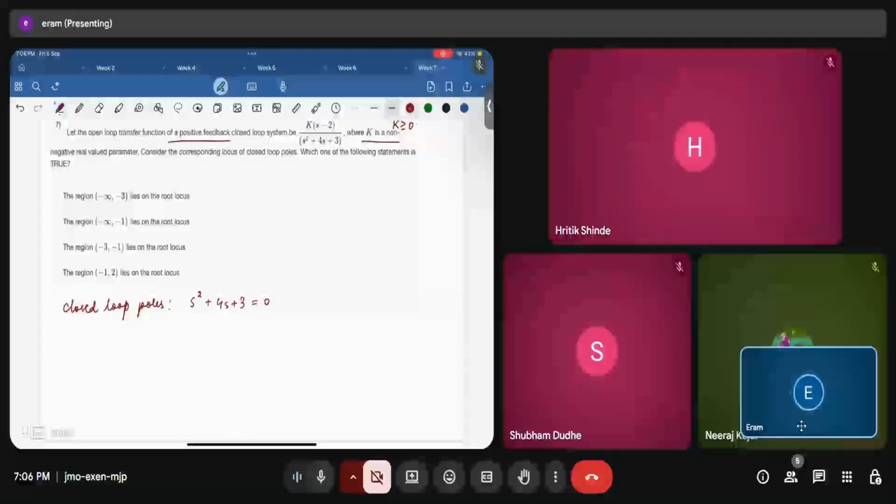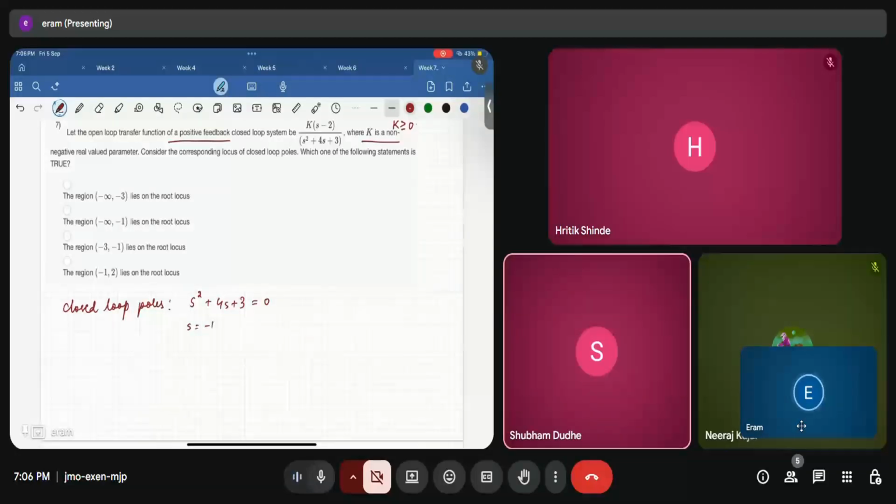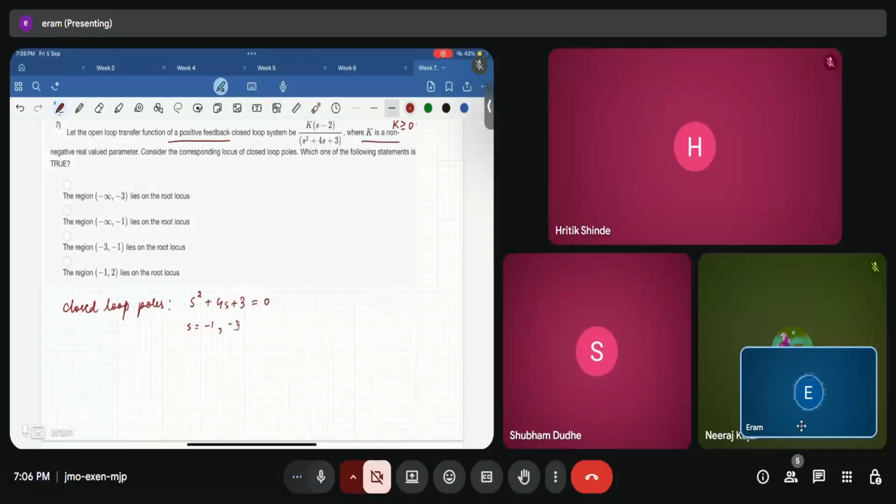So I think s will be -1 and -3. Yes, -1 and -3, correct. Sorry, I have written closed loop, it is open loop poles. And what are the open loop zeros? We have only one zero which is at s equals 2.